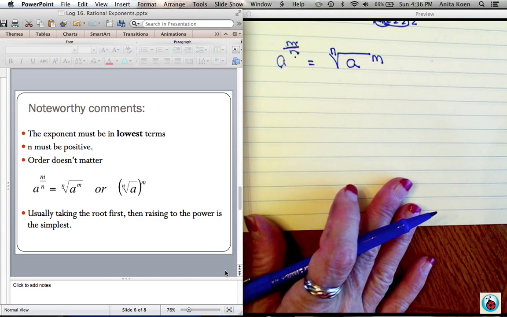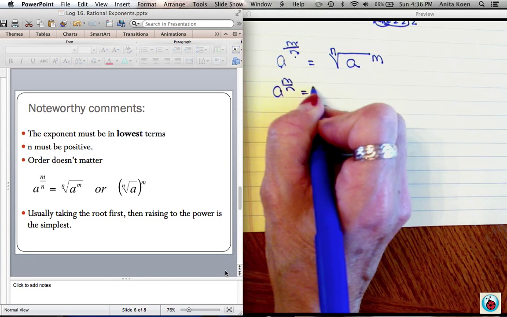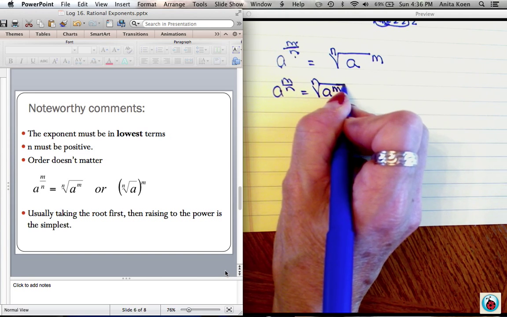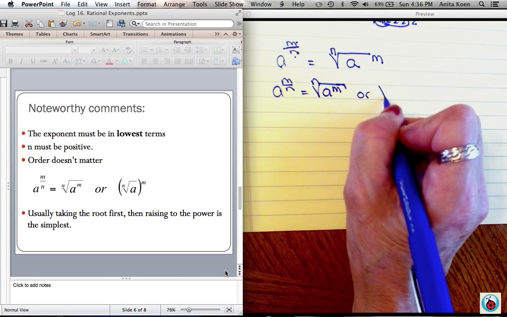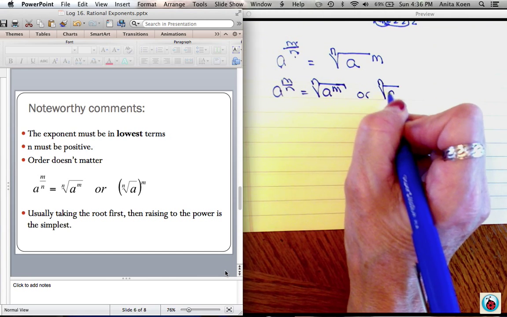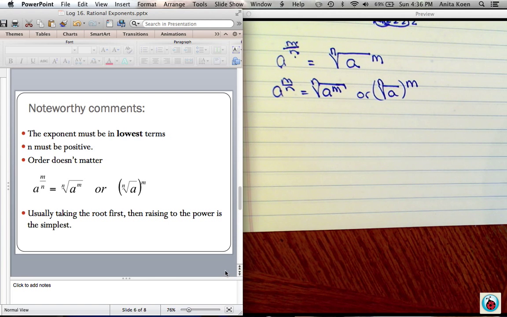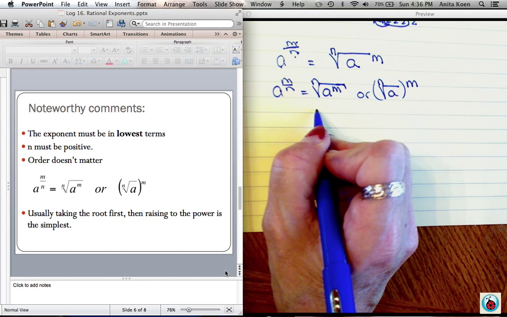So let's look at this. A to the m divided by n could be the nth root of a to the m, or it could be the nth root of a raised to the m power. Okay, the order really doesn't matter. This way, what we're doing is we are raising to the power first.